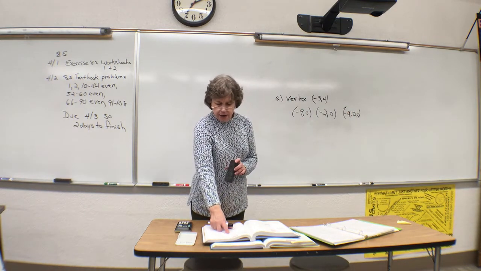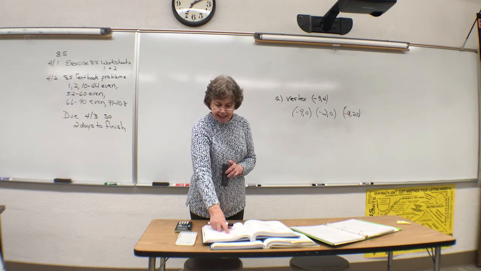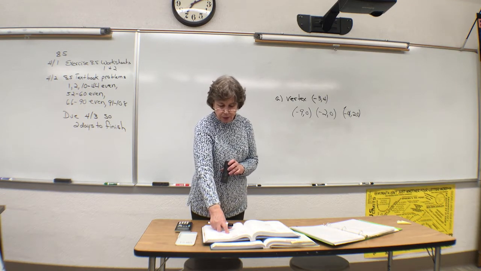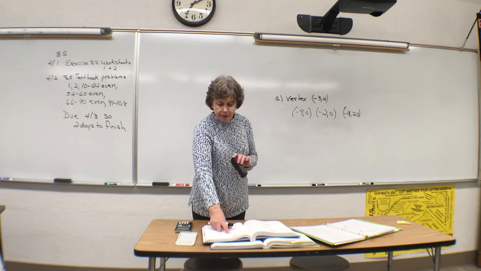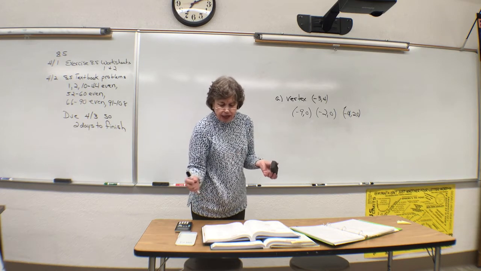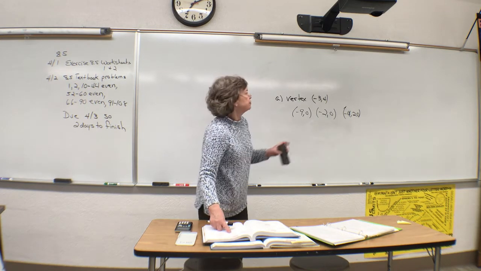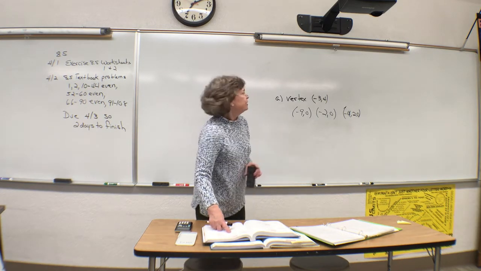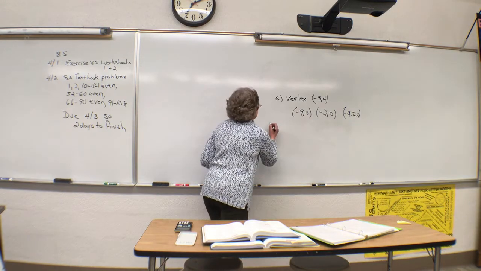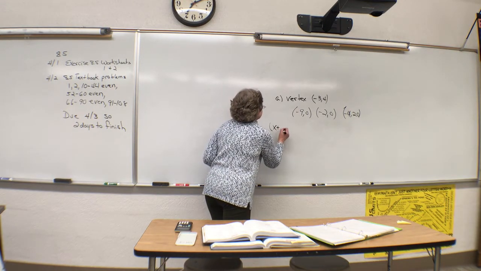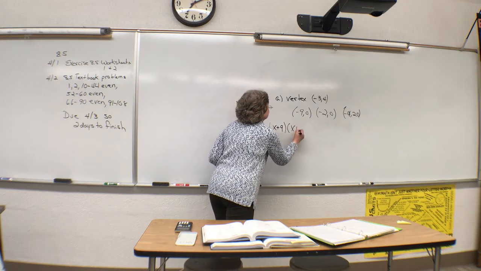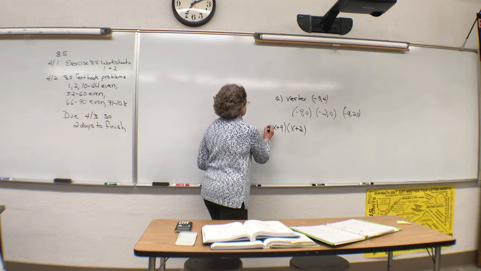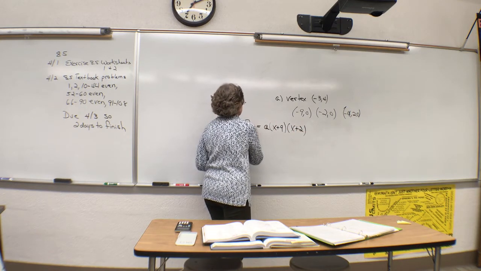And this is the second part, b, passing through those points, and we're forgetting that we don't have a vertex. So we're not using the vertex form, we're using the intercept form. So if I know I'm intercepting, I have an x plus 9, and an x plus 2, and an a, and that's my f of x.